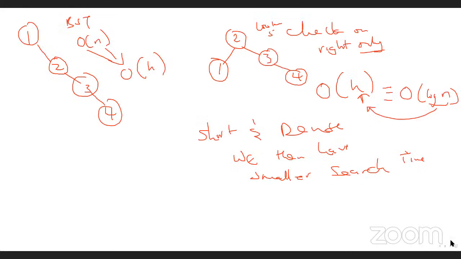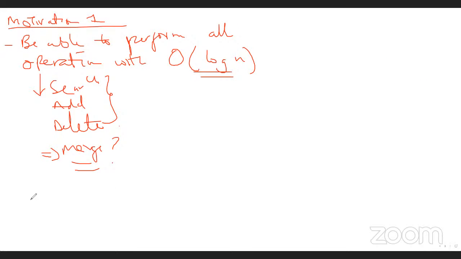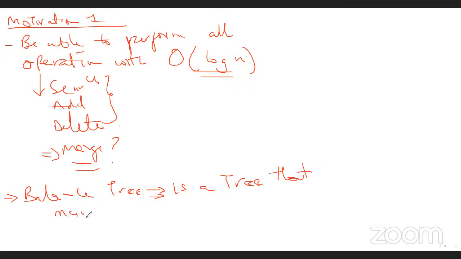Okay, so number 2 here, I would say that a balanced tree is a tree that maintains some sort of symmetry. It's symmetrical in nature, right?